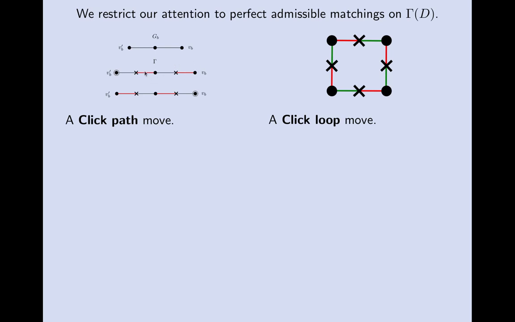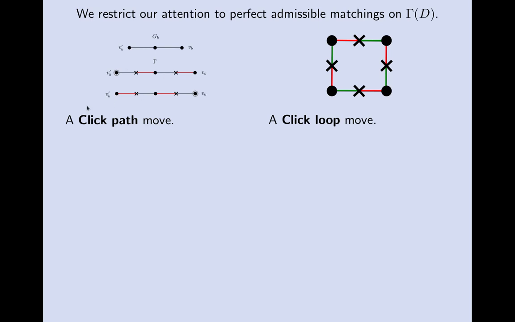Also, let's assume that we have a matching like this, which is alternatingly matching half edges of G in this fashion. And let's assume also that this path is maximal, meaning that this VB prime is indeed the unique black vertex which is unmatched by this red matching here.